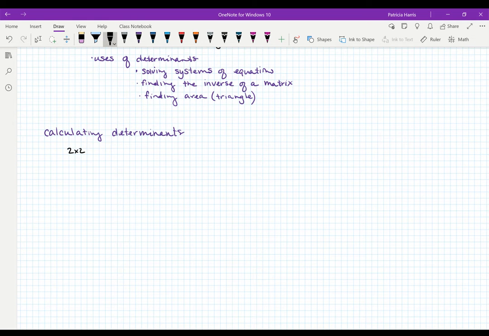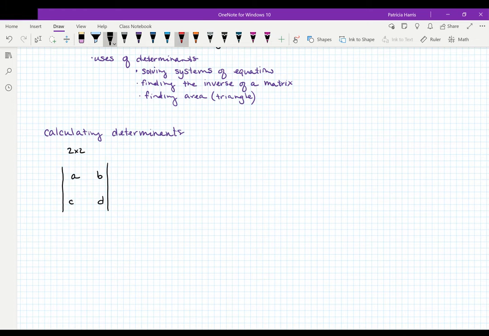Okay? All right. So, when you are asked to find a determinant, what you will notice, and I'm just going to give you a general formula here, is that the brackets around your matrix become more like bars. So that is a visual indicator that you are going to be finding a determinant.